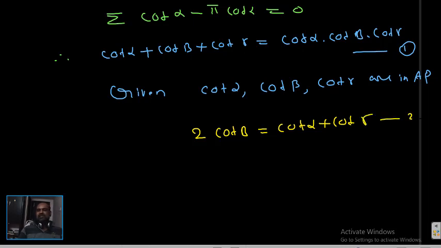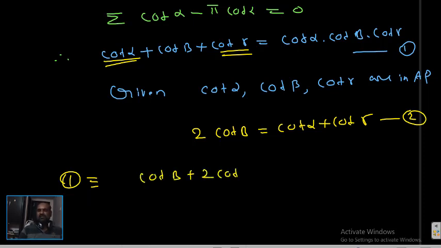Yeah, this is result number 2. Now substitute 2 in 1. So instead of cot alpha plus cot gamma, I can write 2 cot beta, plus cot beta, equals cot alpha into cot beta into cot gamma.